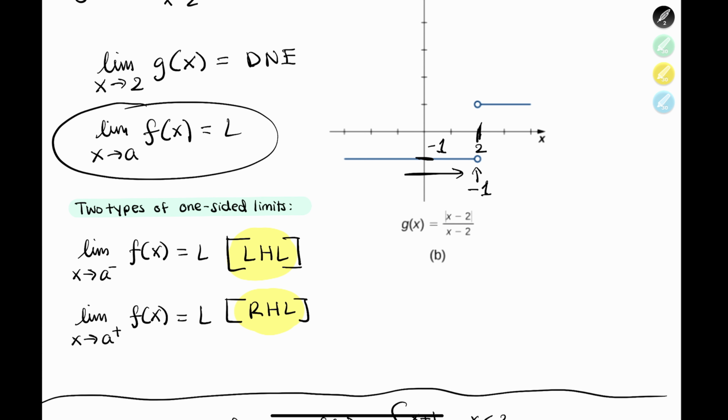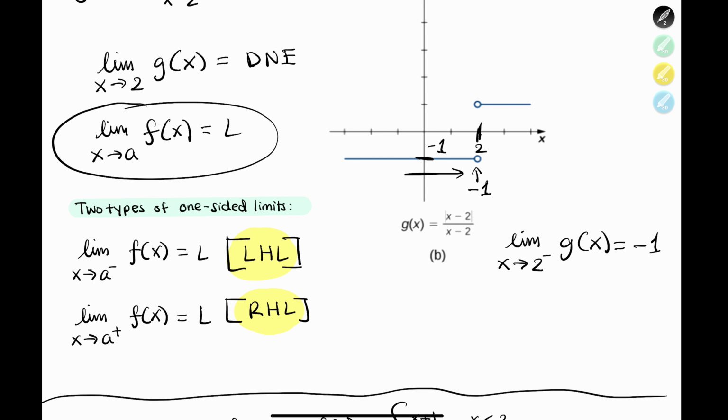And so the left-hand limit, which is indicated by LHL, is equal to: the limit as x approaches 2 from the left-hand side, which is that little minus sign, of g of x is equal to -1.